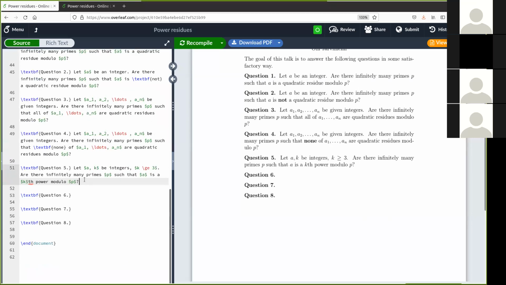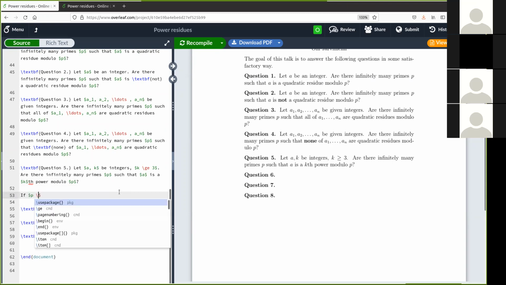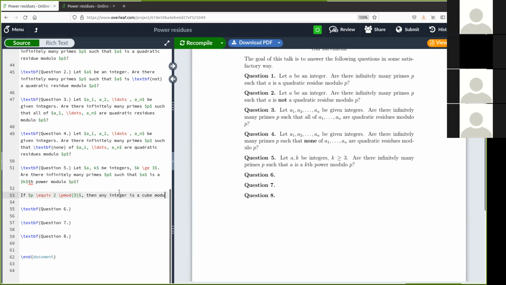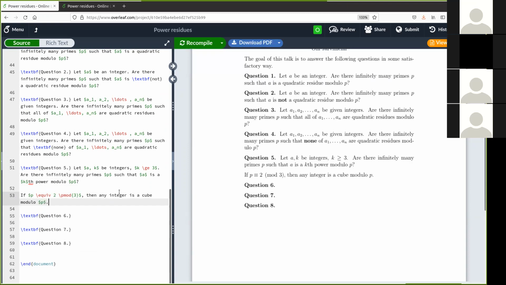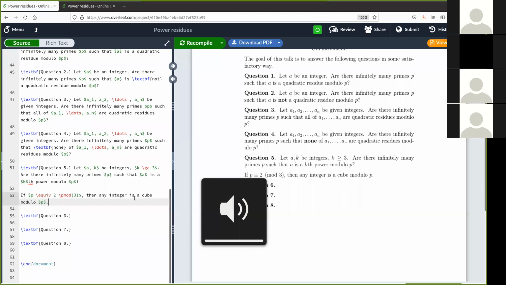Of course, in the current form, the question is trivial because we know that if, say, p is 2 modulo 3, then any integer is a cube modulo p. Why is this true?